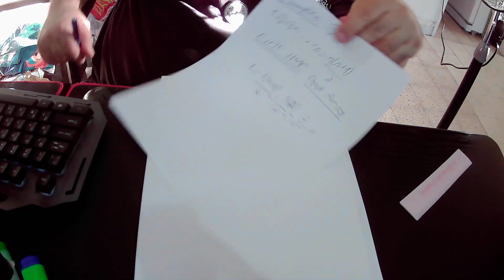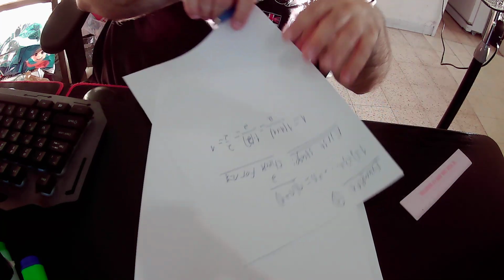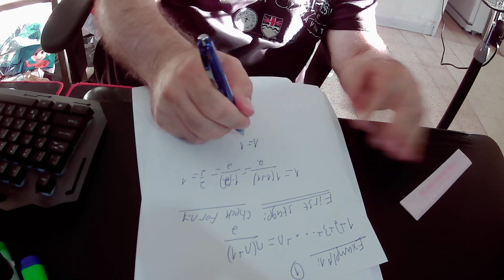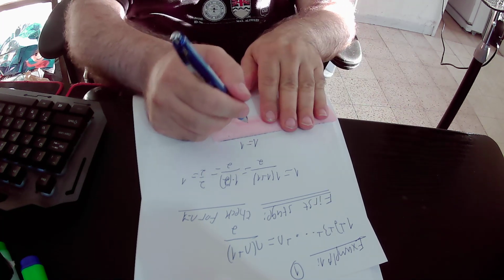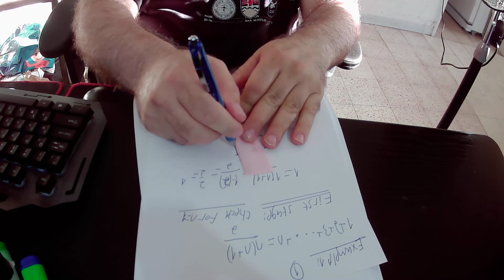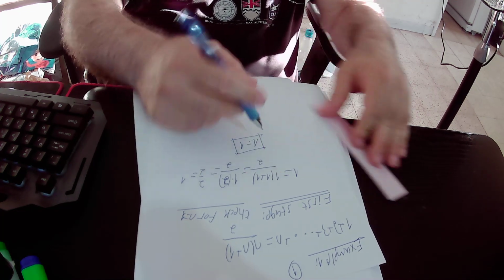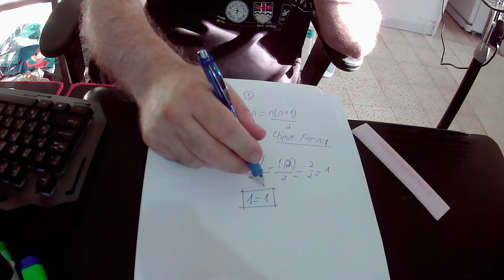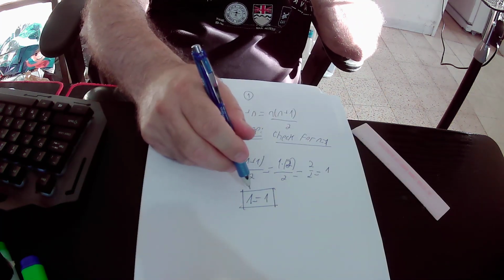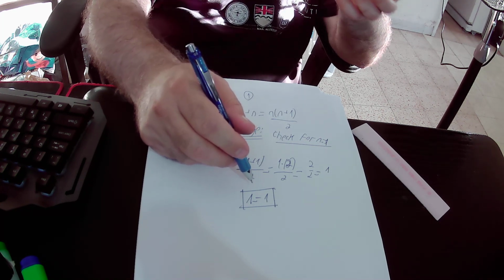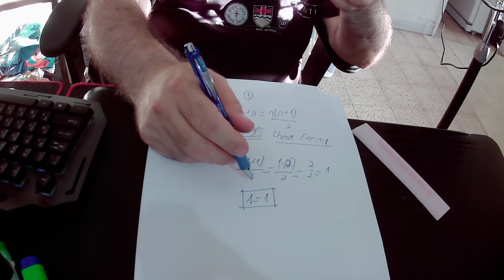So here we can say that we indeed found out that the statement is true for n that equals 1. Because we have here identity. The two sides of the equation are equal to each other. So we can deduce that the statement is true for n that equals 1.